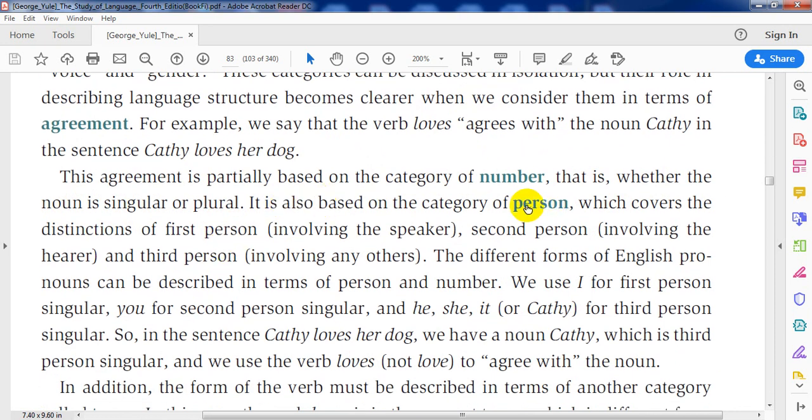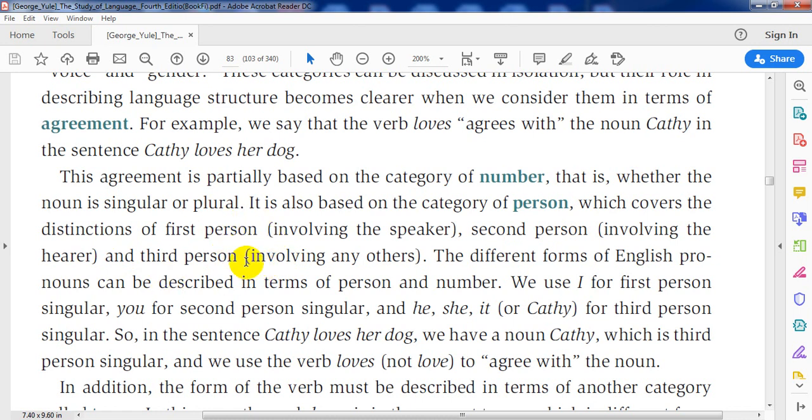In terms of person, we have first person singular, that is I. Second person singular, you, and second person plural is you. While the third person singular, we have he, she, and it. The third person plural, we have they.